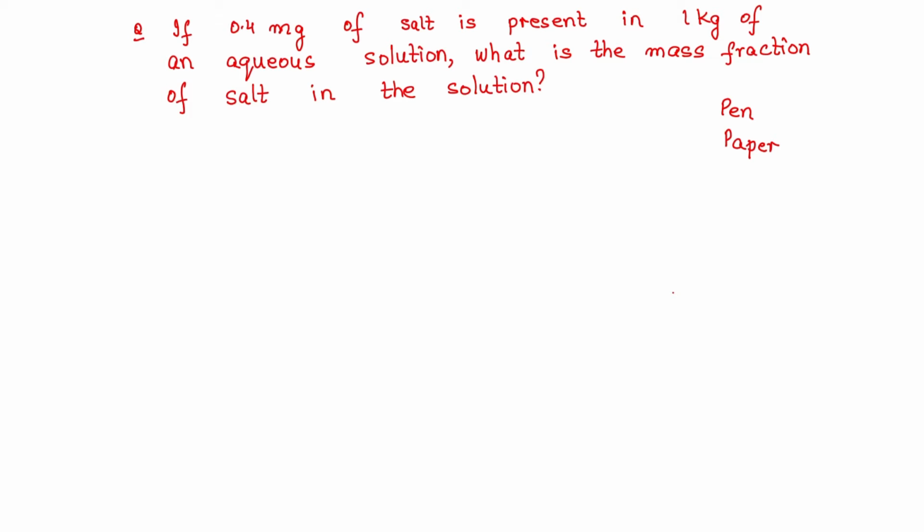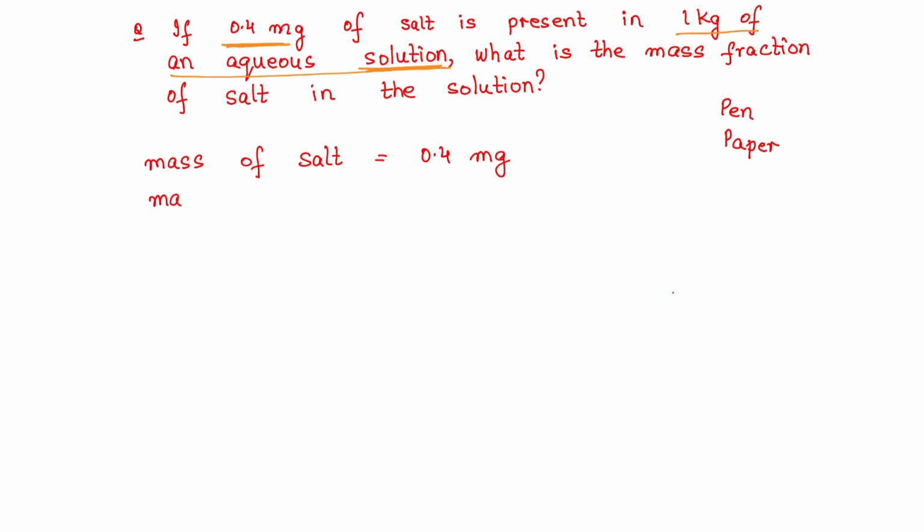So let us start. If you see in this question, you've been given the data that there is 0.4 mg of salt. So that means I have been given that the mass of salt is 0.4 milligram. Then you also see that the mass of solution, be very careful what is given to you, the mass of the solution.